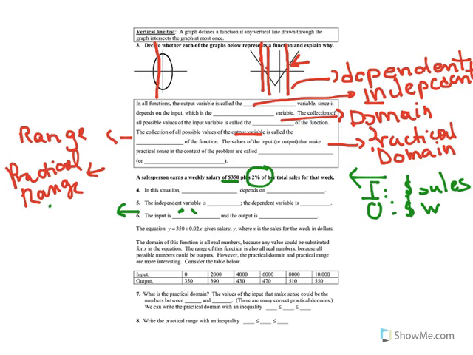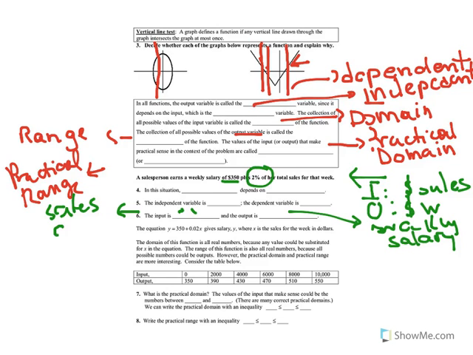Let me write it right here, sales. And the output is weekly salary. So we can choose variables to represent the sales and the weekly salary.